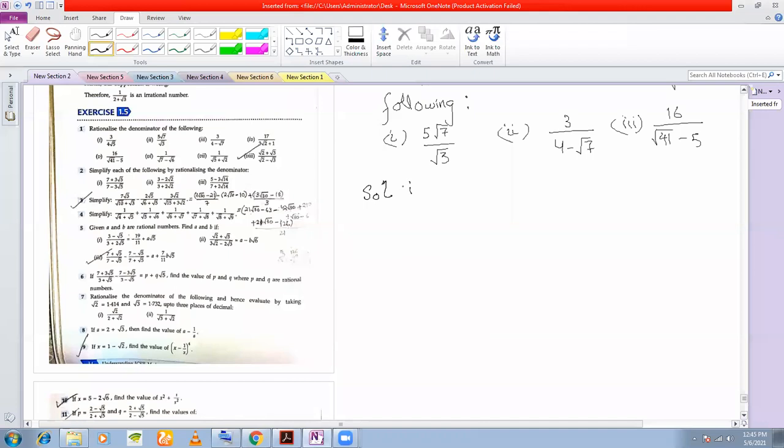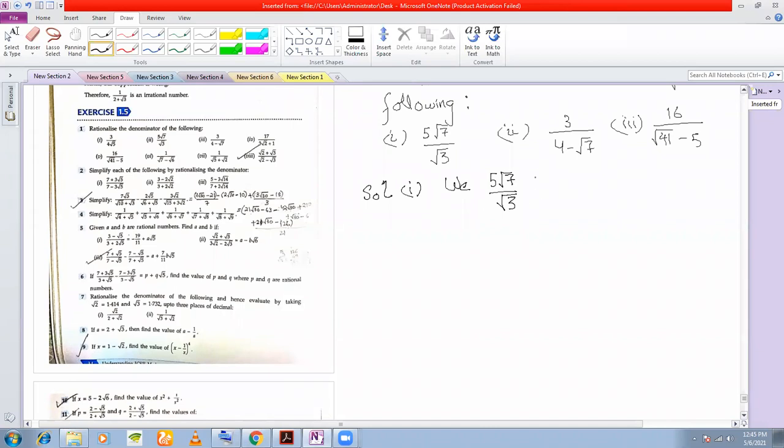So starting with the first one, we have 5 root 7 by root 3. Now we want to rationalize the denominator. That means we want to convert the denominator to a rational number, right?